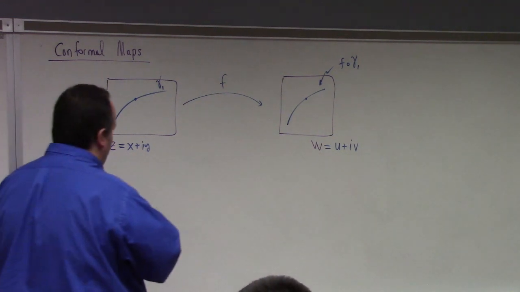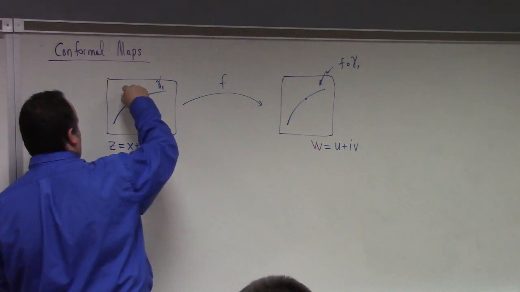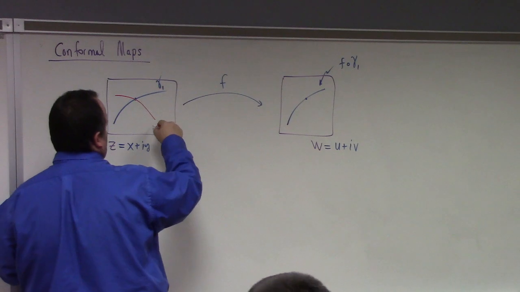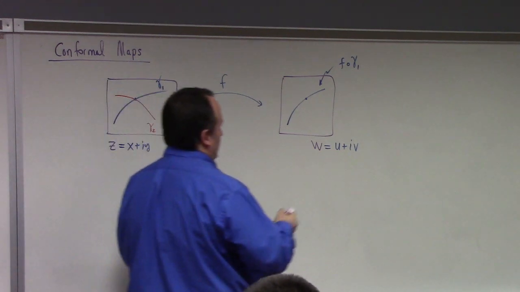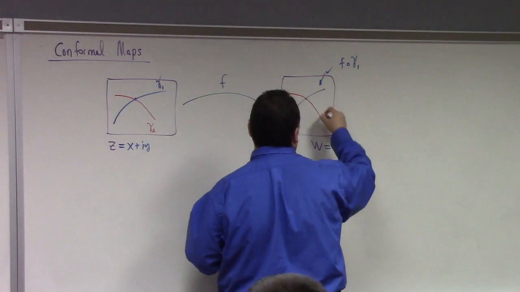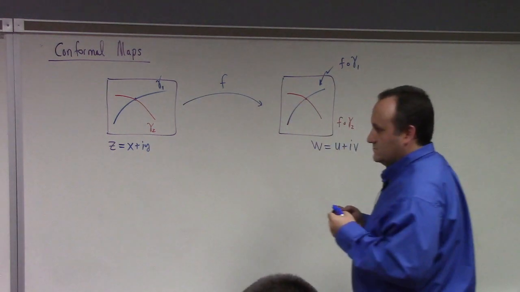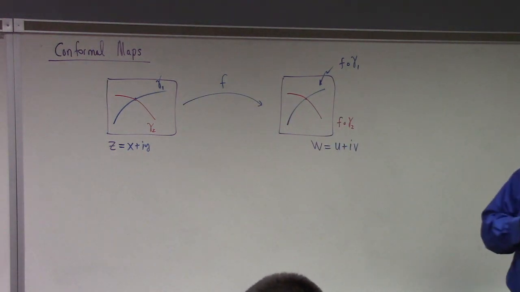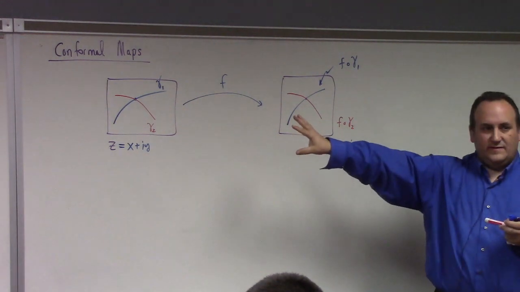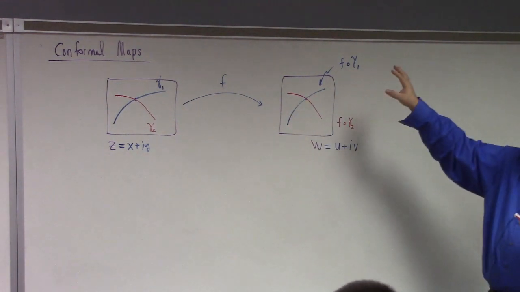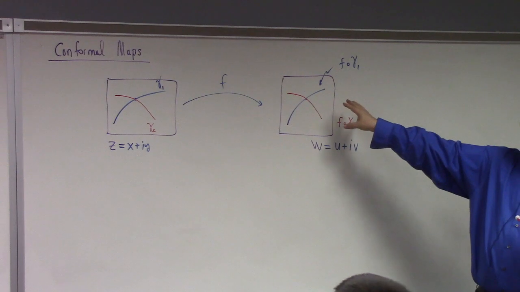Now, then you have another path, let's call it gamma 2, and that would give you another path over here, f composed with gamma 2. So we can study paths before, and then the image of the paths under the mapping. All right?